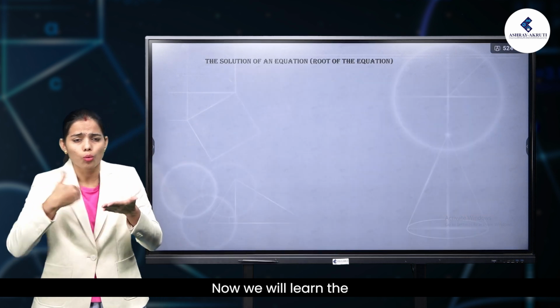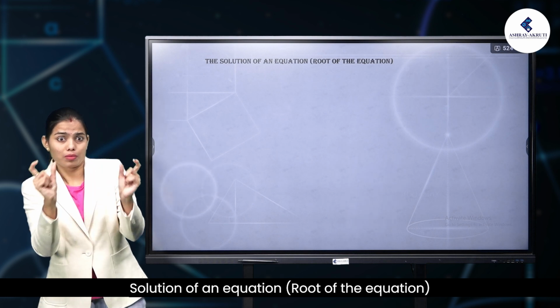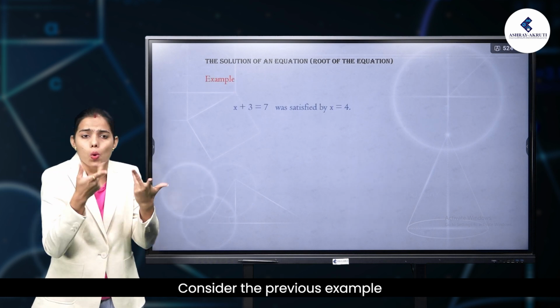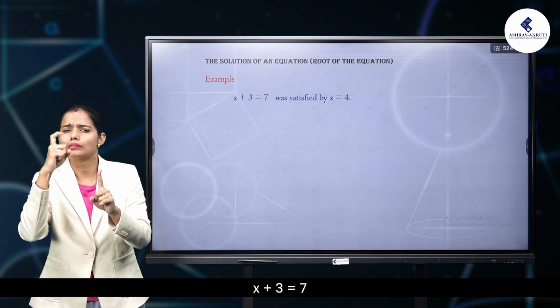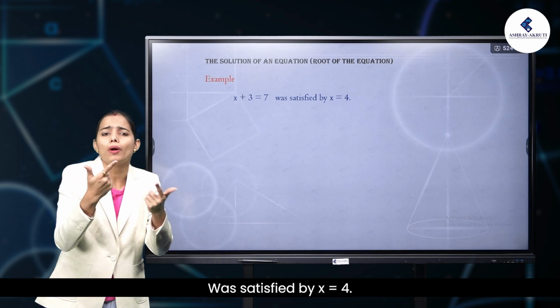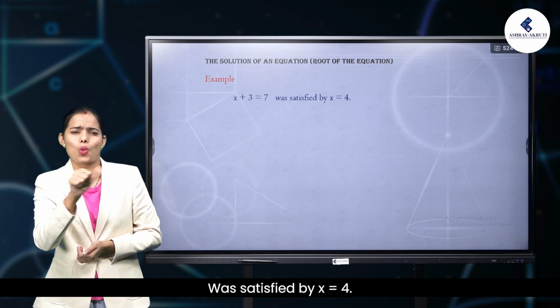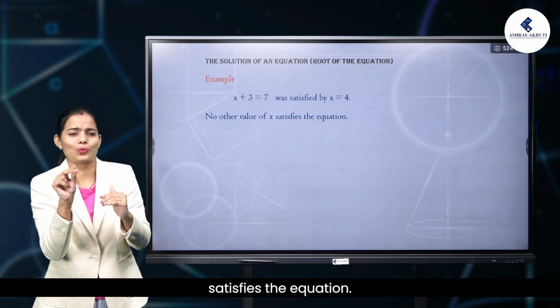Now we will learn the solution of an equation, the root of the equation. Consider the previous example. x plus 3 is equal to 7 was satisfied by x is equal to 4. No other value of x satisfies the equation.